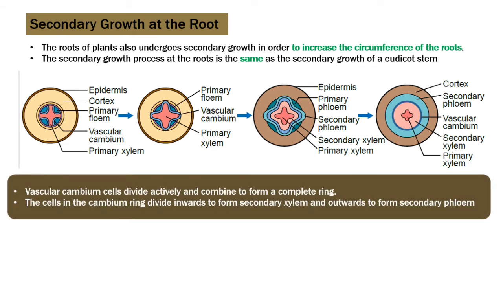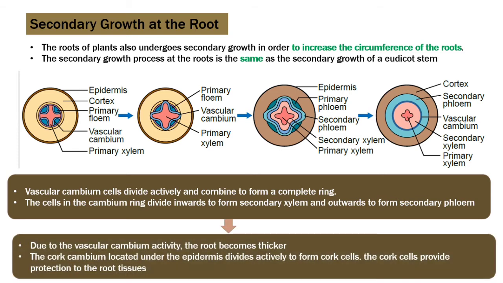Starting from the vascular cambium, cells divide actively and combine to form a complete ring. The cells in the cambium ring divide inwards to form secondary xylem and divide outwards to form secondary phloem. After that, due to the vascular cambium activity, the root becomes thicker. The cork cambium located under the epidermis divides actively to form cork cells. The cork cells provide protection to the root tissues.